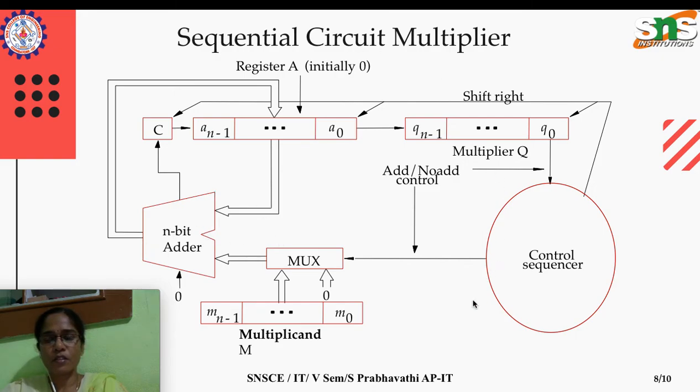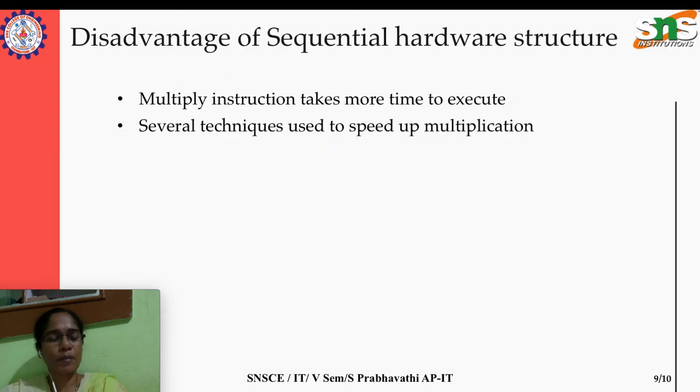Okay, so this is quite an interesting topic. When we see the difficulties in sequential implementation of multiplication of positive numbers, the multiply instruction takes more time to execute. Since it is sequential, the things are carried out one by one, so it will take more time.